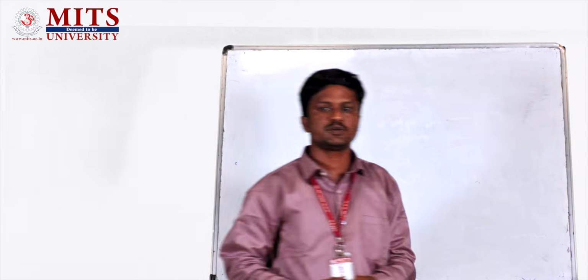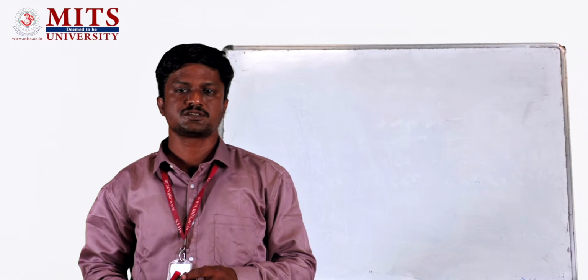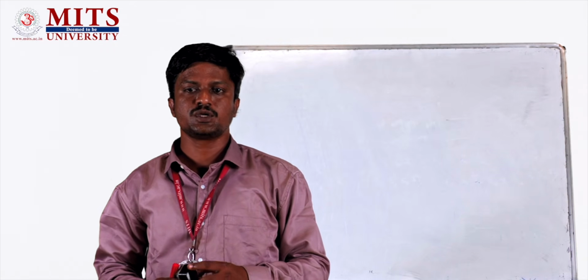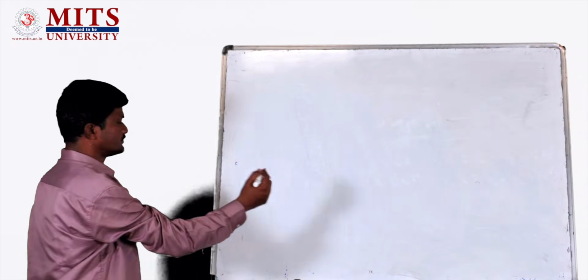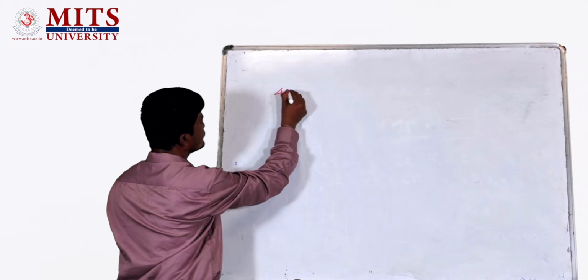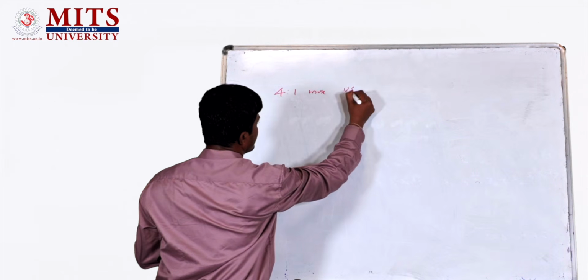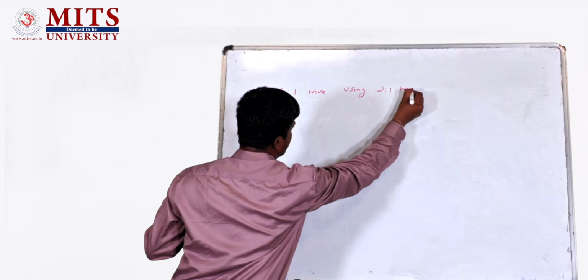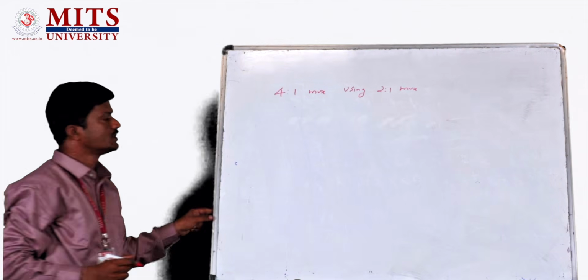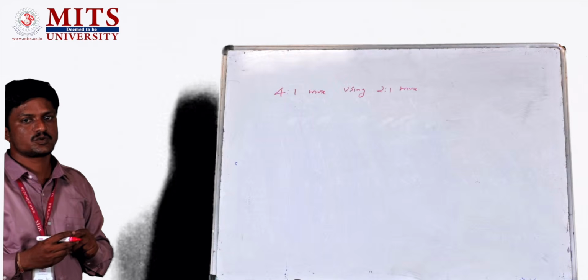Next, we are going to discuss how to realize 4 is to 1 mux using 2 is to 1 mux. First you want to write the logic expression for the 4 is to 1 mux.